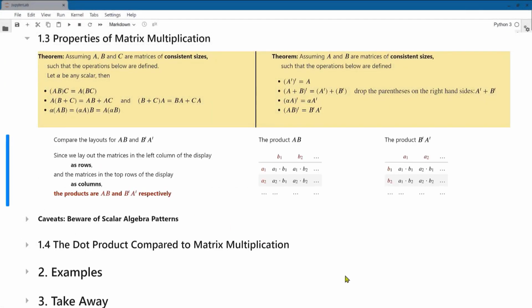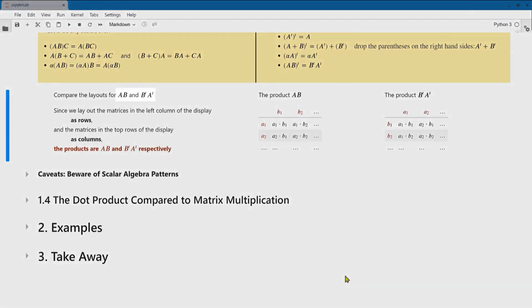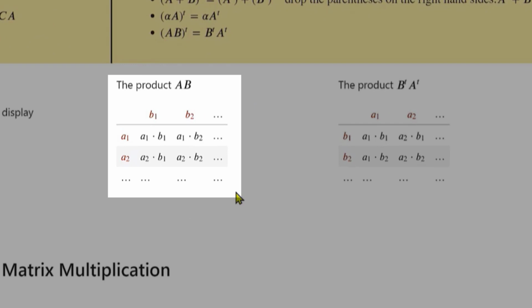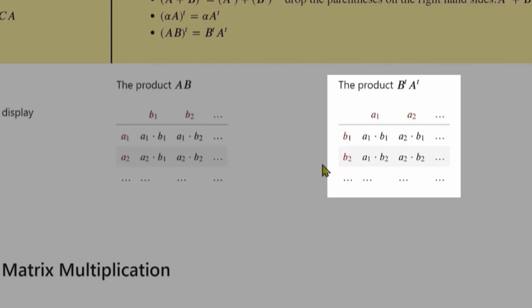Let me explain that one in a little bit more detail. If I look at the product AB, the definition was that we listed the A vectors as rows, the B vectors as columns, and we wrote the dot products of the A vectors and the B vectors at the corresponding intersections. If I want to interchange the A's and the B's, I'll get this second expression here.